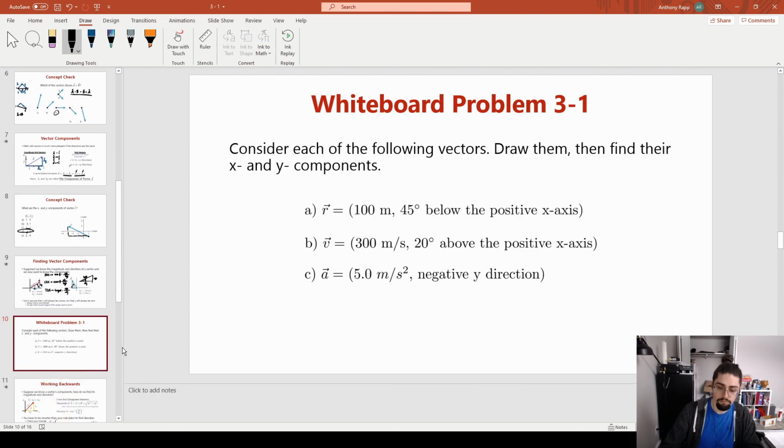So, let's try this out. Get a little bit of experience with it. I have 3 different vectors. I have given you the total length of the vector and some sort of description as to what direction it should be going in. Your task for the next 4 or 5 minutes is going to be to take each of these 3 vectors, draw it out on some sort of coordinate system.